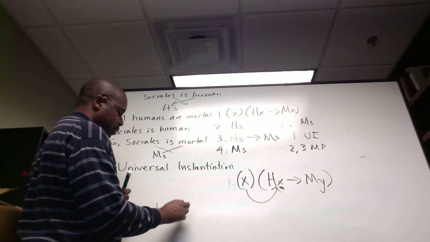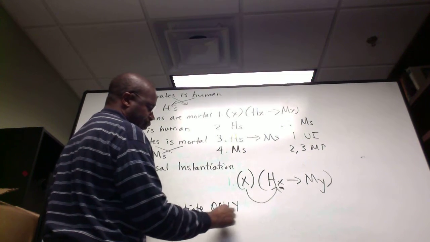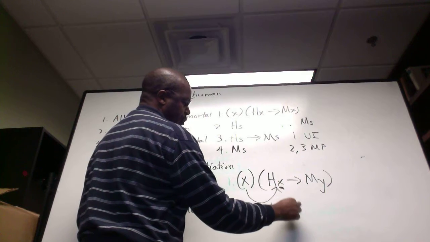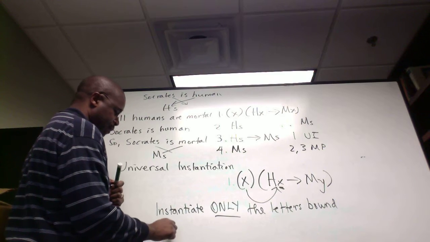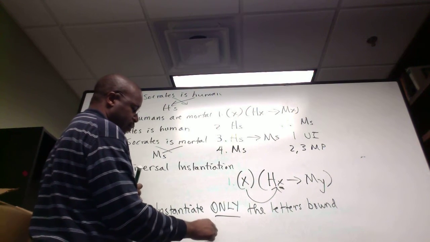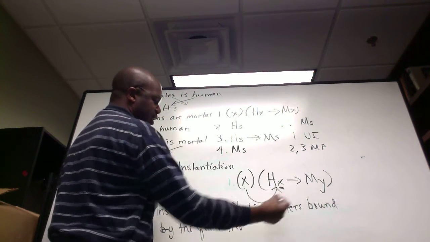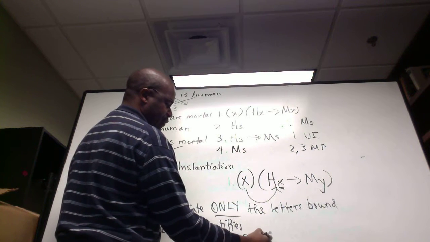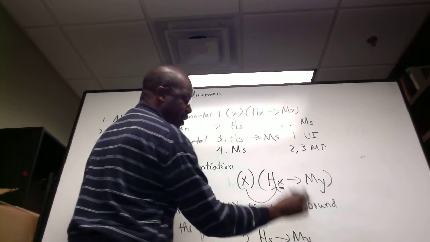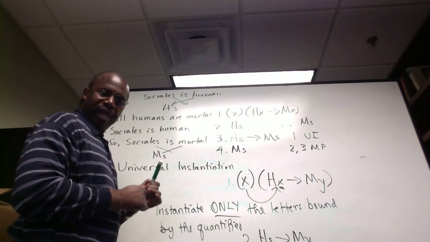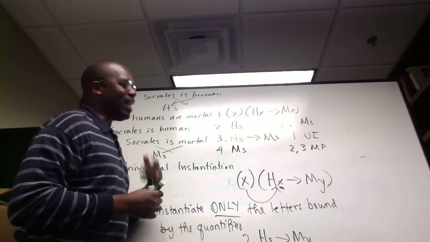Instantiate only the letters bound by the quantifier. So if I were to instantiate this, it would be H, S, M, Y. That one remains untouched. Always make sure you instantiate all the letters that have been bound.